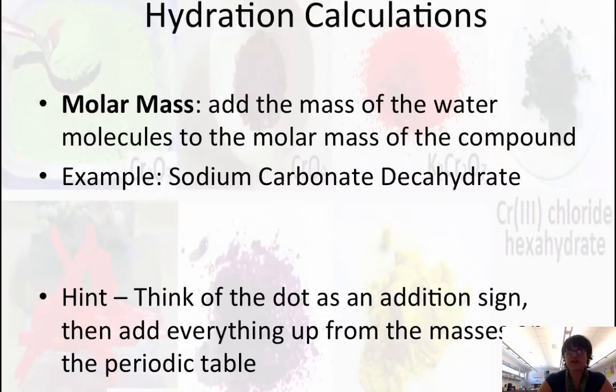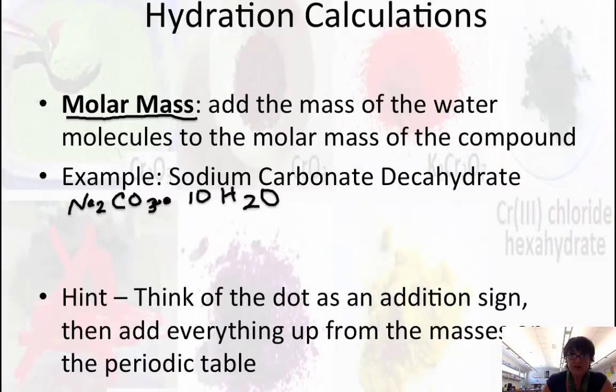So to do hydration calculations, we would have to add the molar mass of the water molecules to the molar mass of the compound, because what you're weighing is both the compound and the water. So in sodium carbonate decahydrate, we would have 2 sodiums, then the carbonate, and then decahydrate, whoops, we use a dot. Decahydrate means 10 waters, right?